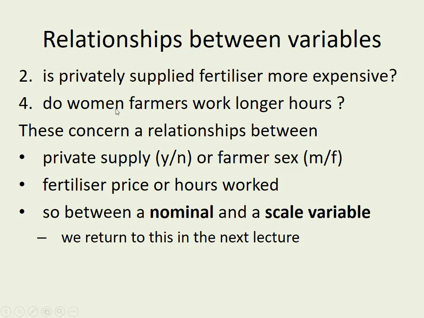Here, obviously the category male or female is the nominal, and how many hours they work is the scale variable. So you're looking at whether there is a relationship between the size of this scale variable and the category you're in here. That's a really important area, and we'll return to this in the next lecture. And there'll be more tests on that in the lectures that follow as well.